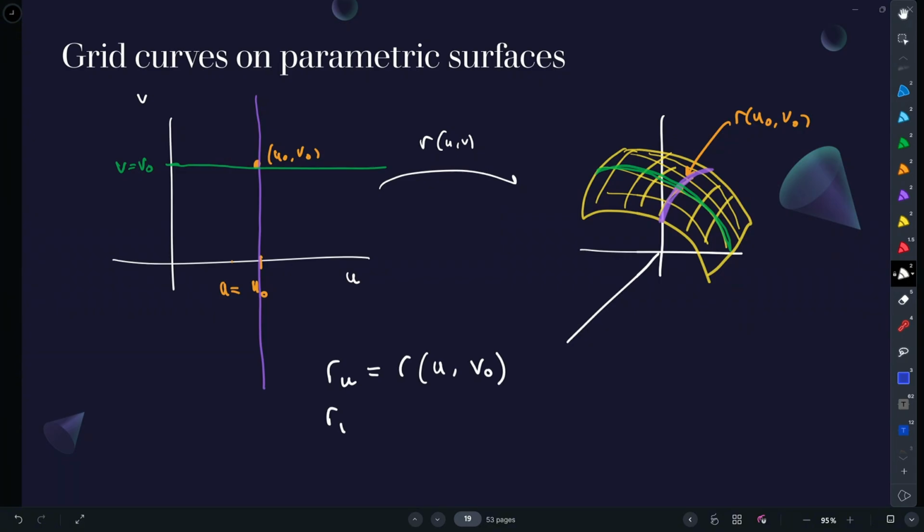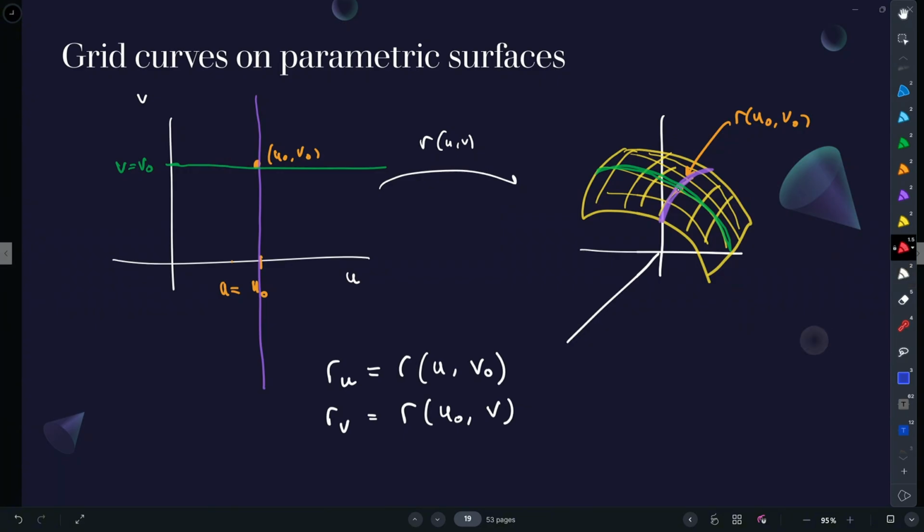And r_v is the curve that you get when you fix u naught and let v run. Those are curves of one parameter, and we know how to find tangents.